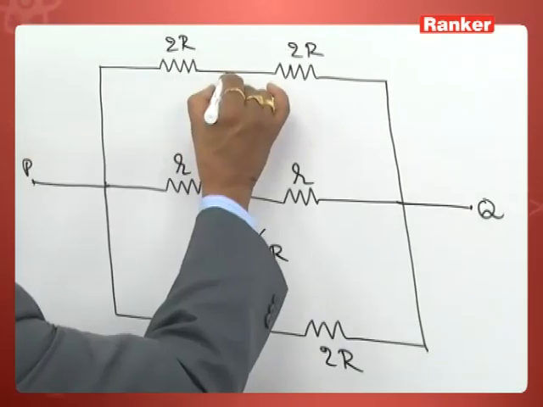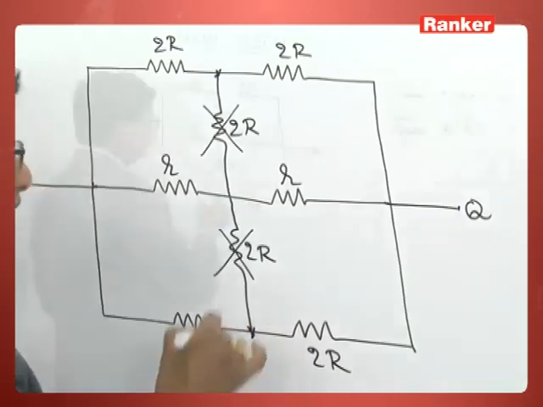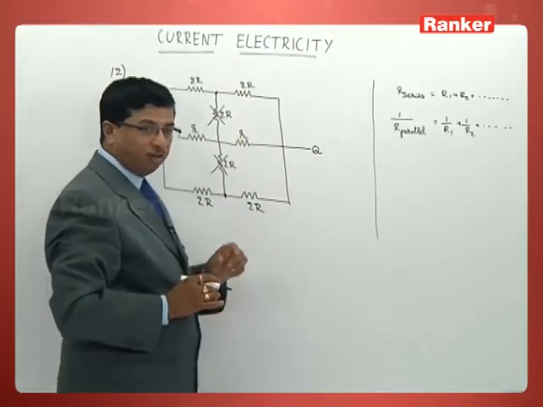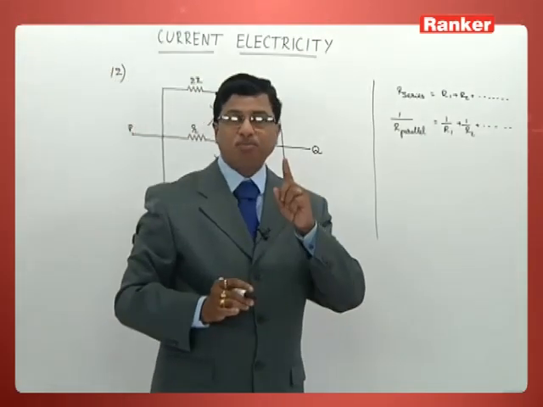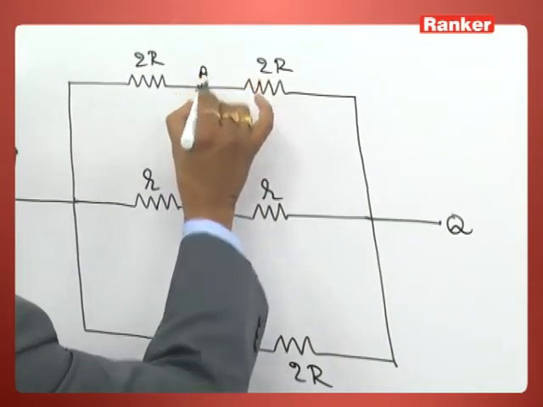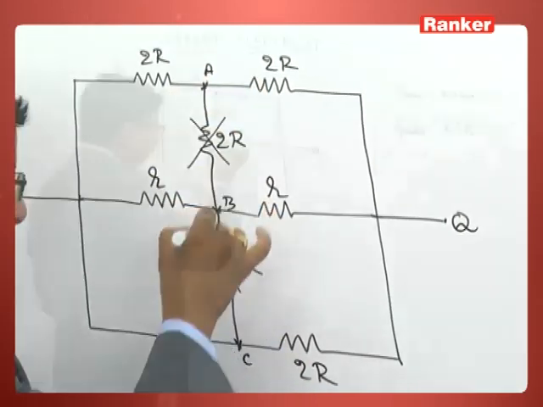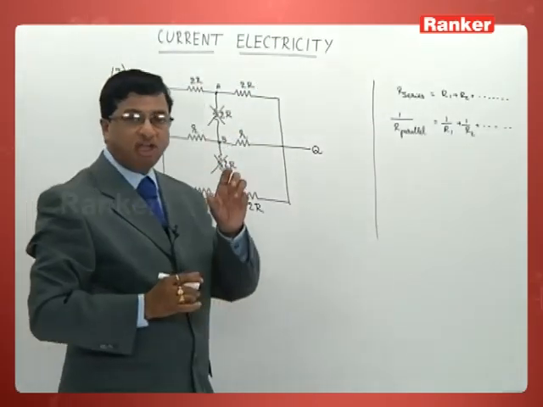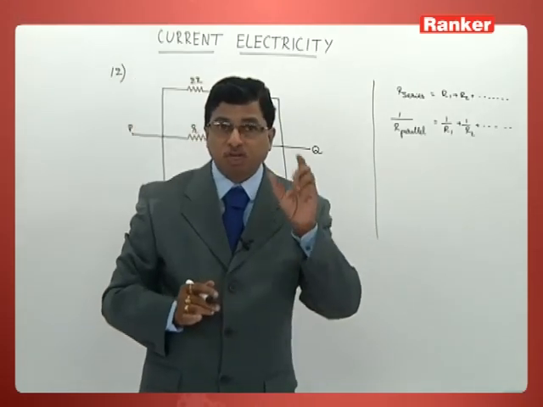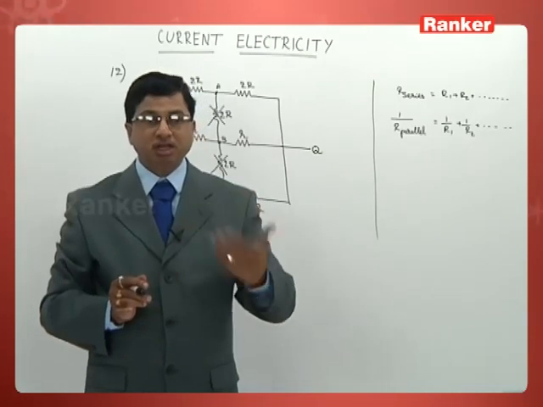If you just look at this particular point and this particular point, these 2 points will have the same potential. If I take this point as A, this point as B, this point as C, then AB and BC will be having the same potential. When potential is the same, what is the meaning of it?